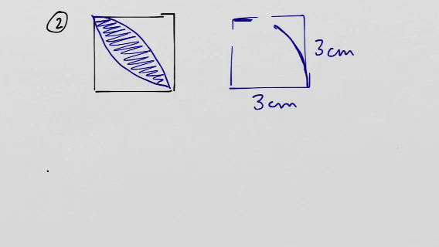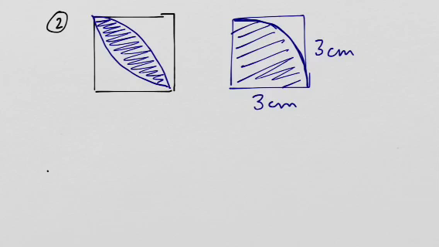So area of a square, then you're going to take away that bit of the circle. That's going to leave you with this part up the top here. That bit up the top, because of symmetry, is going to be the same as that bit underneath.